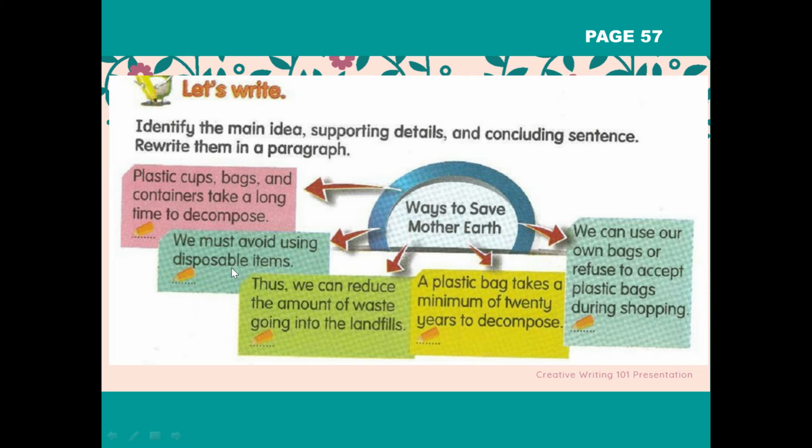So this is number one, and you have to write them in a paragraph, followed by sentences which support this main idea about how we can reduce or avoid using disposable items.